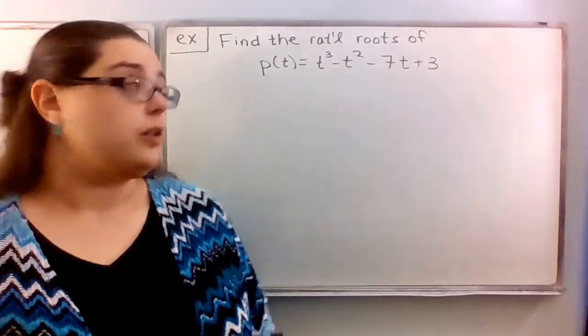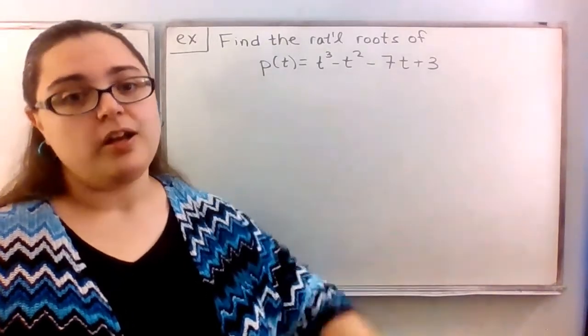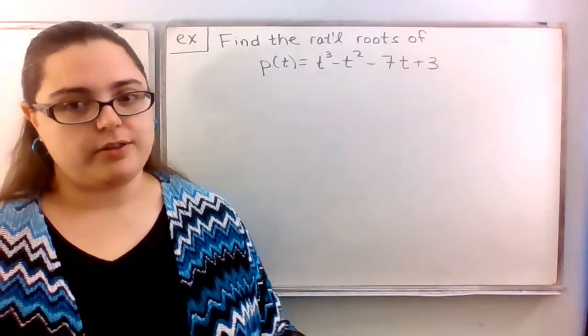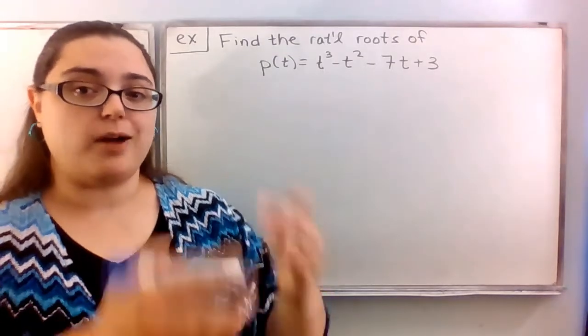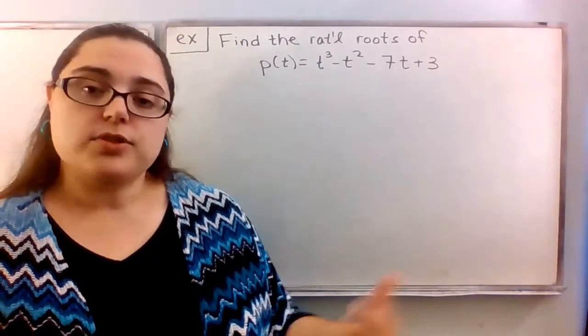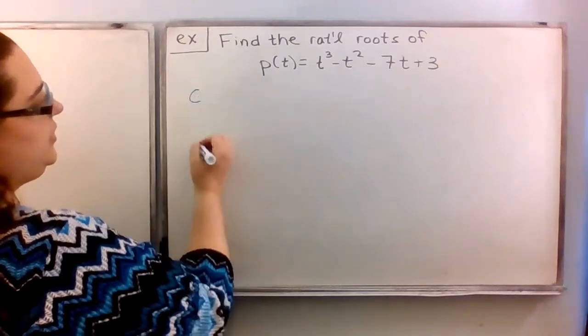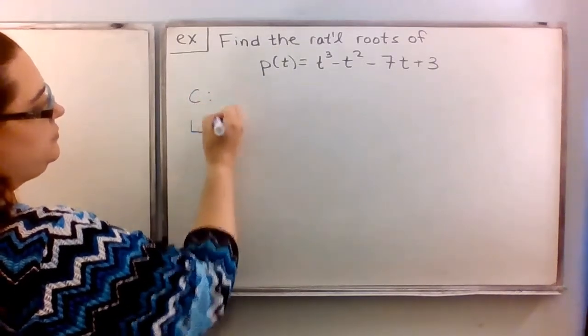So we're in a situation where none of our factoring techniques of the past will be helpful. So we're going to apply the Rational Zeros Theorem to help us find roots, to help us break down and continue to factor this polynomial. To do that, we're going to start by finding our options for C and our options for L.